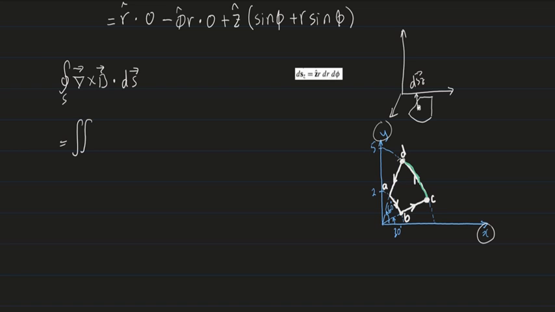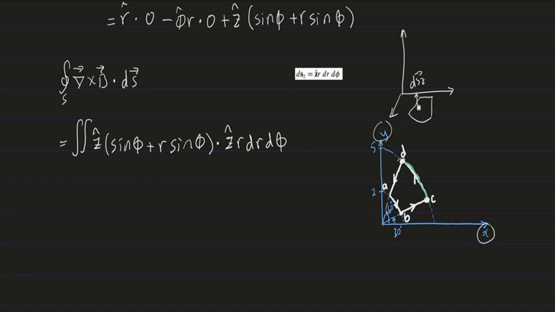The curl has only a z hat component, so this is z hat sine phi plus r sine phi, and I need to calculate the dot product of this with respect to dsz, but dsz is z hat r dr d phi.